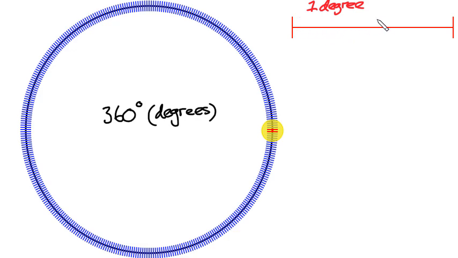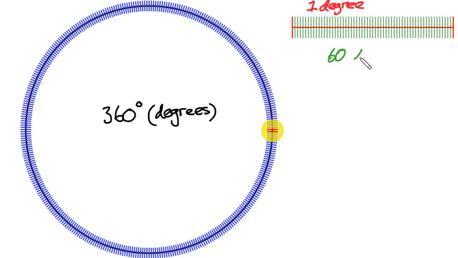Well, if we were to divide this degree up into 60 equal pieces, so we'll say like so, the distance between any two consecutive lines here is what we call a minute. And every degree has 60 minutes. So a minute is like a finer measurement than a degree.